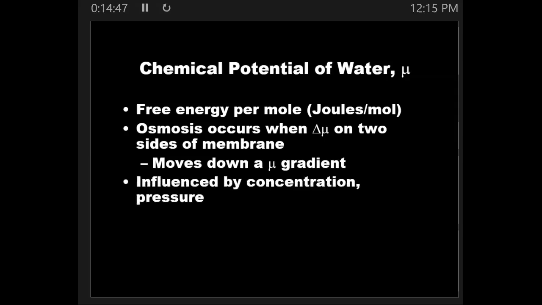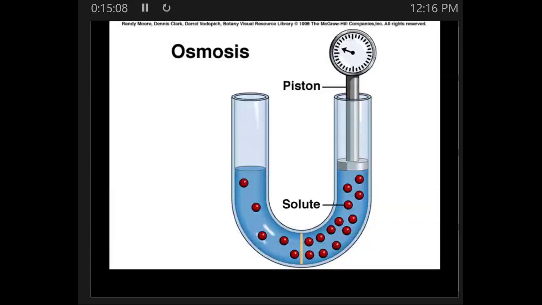And all of that is influenced by concentration, either of the glucose molecules or how many water molecules are in the system, and then also by pressure. So they started looking at it from that angle, calculating chemical potential on either side of, in this case, the U-tube with that selectively permeable membrane.